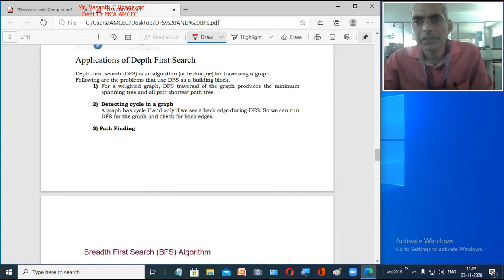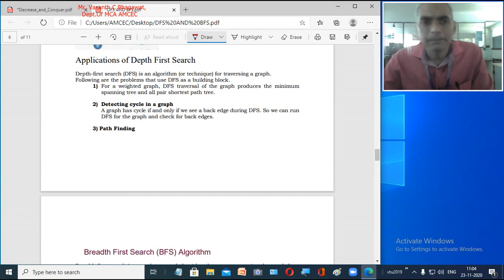The second one is you can check whether the graph is connected or not, because if the graph is connected, you are going to traverse all the nodes. If the graph is disconnected, then you won't be able to traverse all the nodes.